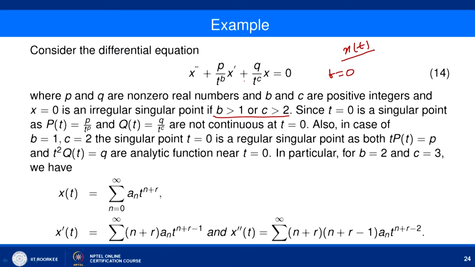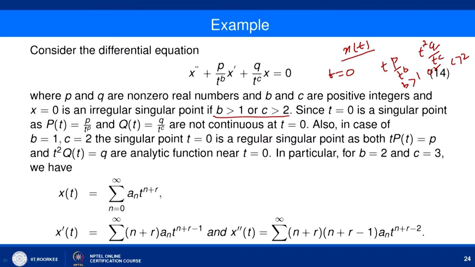If you take b greater than 1 or c greater than 2, then we can check that the coefficients t into p by t to the power b and t square q upon t to the power c may not be analytic functions. So in each of these two cases we simply say that t equal to 0 is an irregular singular point.